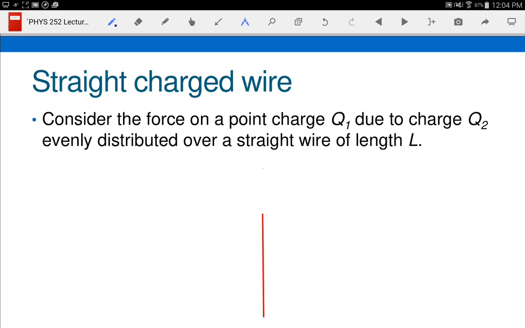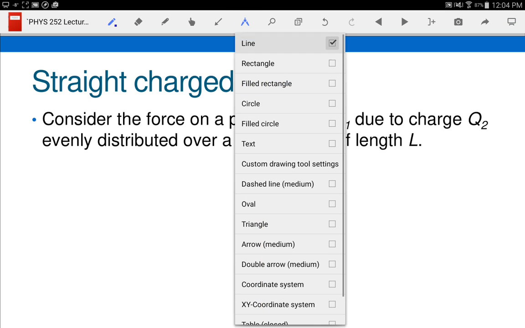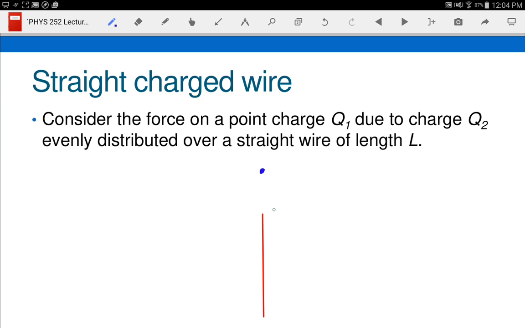The first one is for a point directly above, a distance B. The only difference fundamentally between what you're doing today and that first homework problem is that mine is a finite length and that's a semi-infinite length.